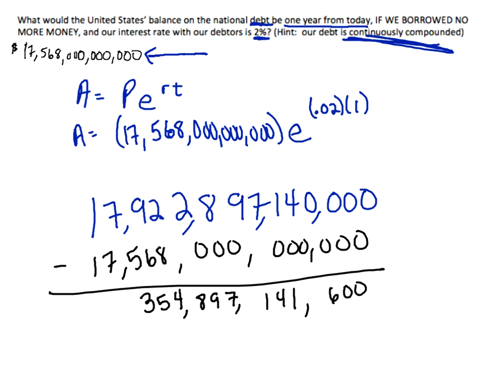So just in interest, if we borrowed no more, which we're borrowing continuously, but if we borrowed no more, over 1 year, our interest on just that amount would be $354 billion, $897,141,600. Ouch.